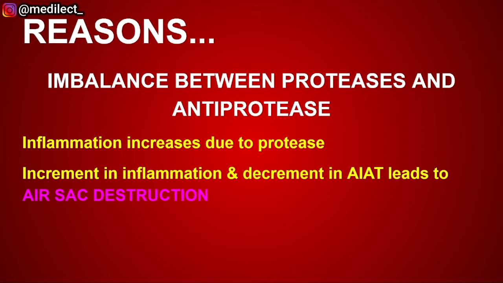Now in normal amount, this protease is okay because it is causing the inhibition of the foreign particles, but whenever the protease amount is increased in the body, God has given us antiprotease as well, that is alpha-1 antitrypsin. It will inhibit this protease, because protease in normal amount is okay, but if the protease increases, it will cause excess inflammation in the lungs, which is dangerous.